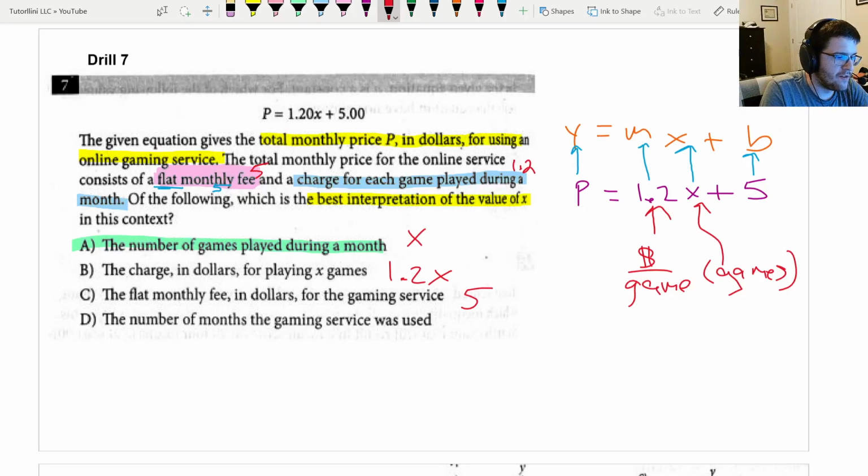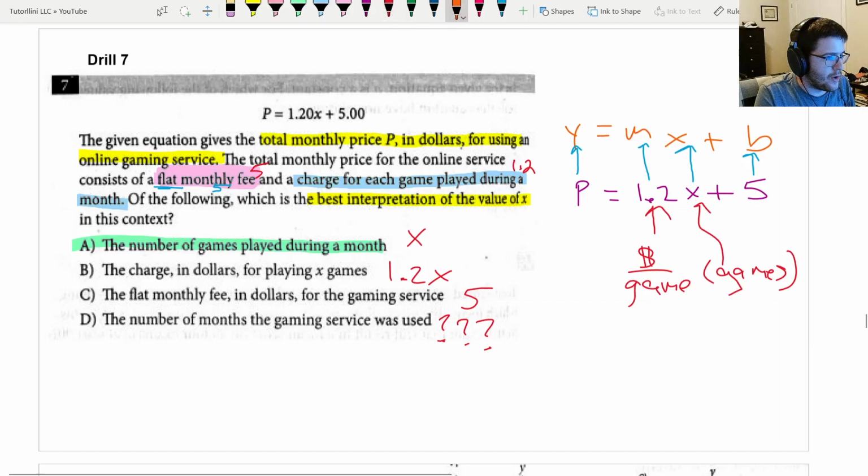And then the number of months the gaming service was used, we don't know anything about that. They don't tell us. We're just talking about the monthly price. We don't know how many months this person is doing this, so this is just a question mark. So 1.2x and 5 are correct, but it's not what the question is asking for. If the question asked for 1.2x, B might have been the answer. Or if the question is asking you to interpret 5, C might have been the answer.